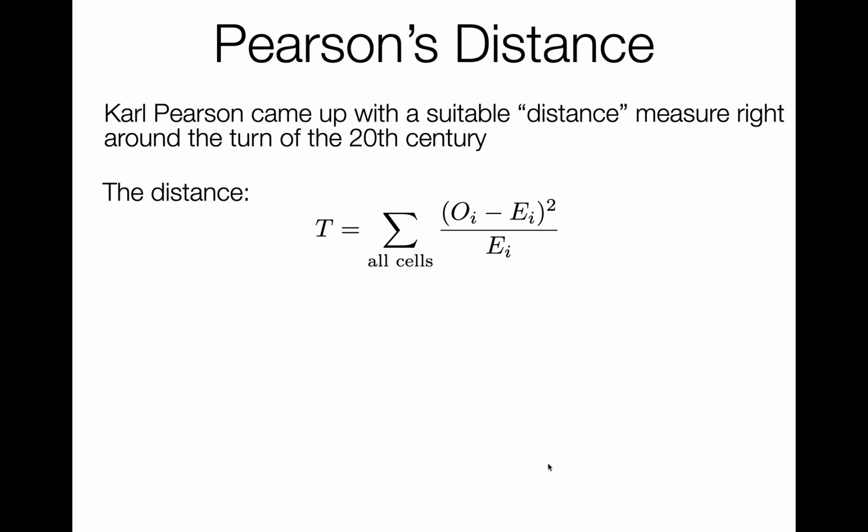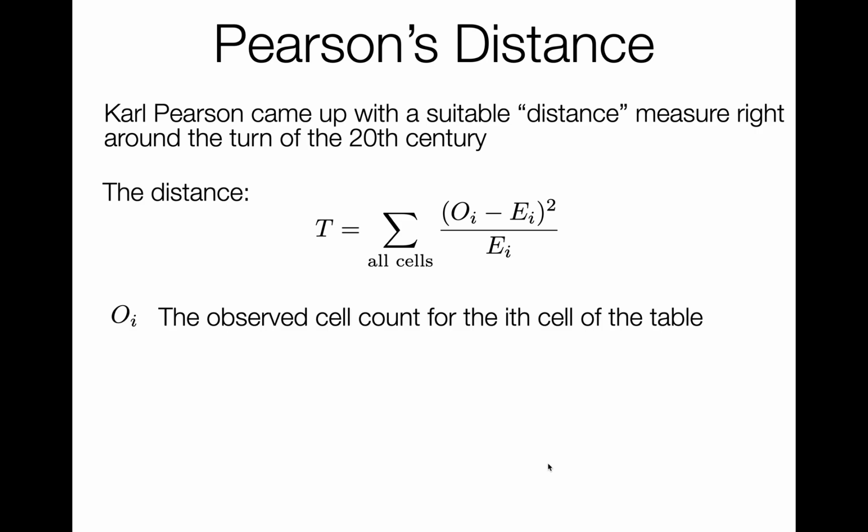It's sort of weird. I call it T, and it is the sum of O sub i minus E sub i, squared, divided by E sub i. O sub i is the observed cell count for the ith cell of the table. If I look at my table and pick a particular cell and look at the count in that cell, that's O sub i.